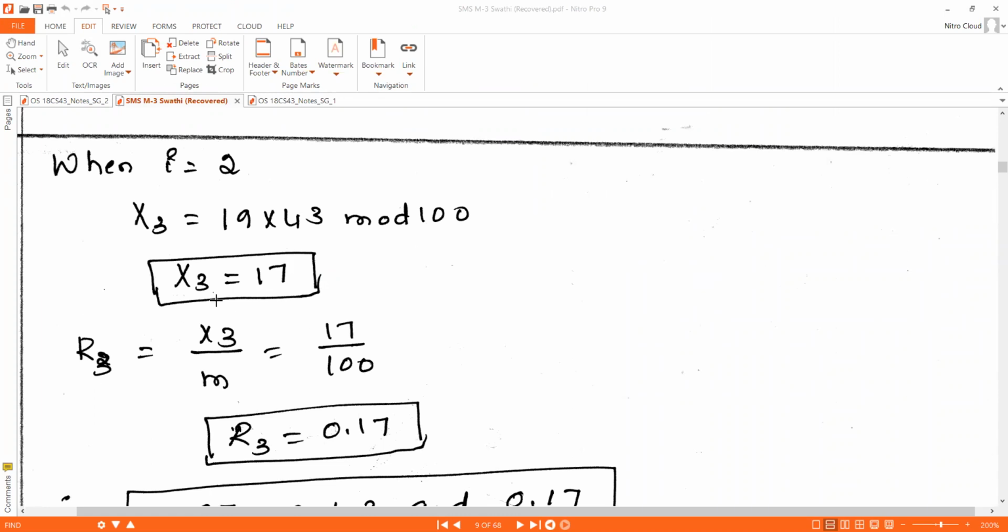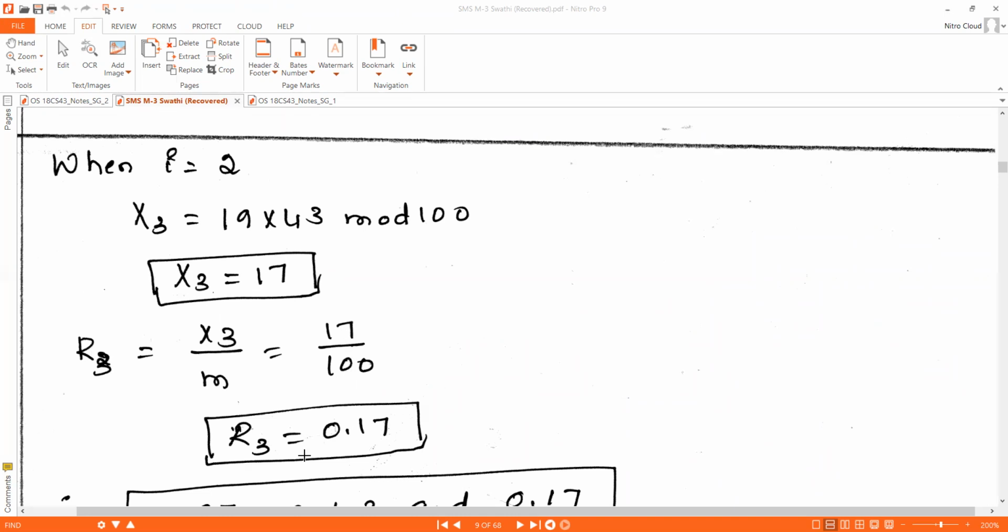If we know the x3 value, we know how to find the random number. That is R3 is equal to x3 divided by m. That is the formula to calculate the random number. R value is equal to x by m. Here R3 value we are calculating. R3 is equal to x3 by m. X3 value, how much we got here? That is 17 divided by m value given in the question, that is 100.